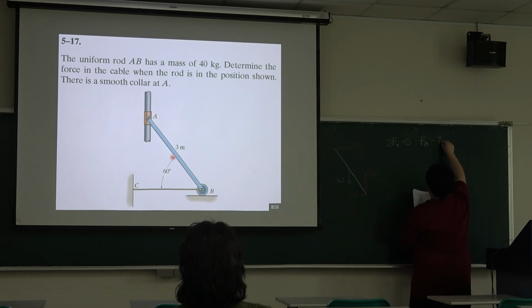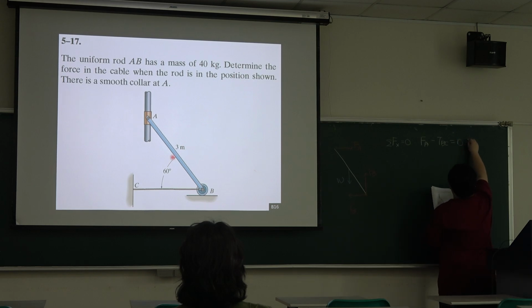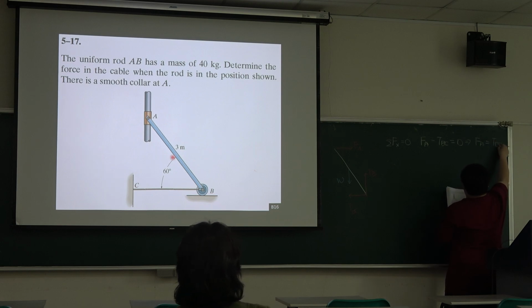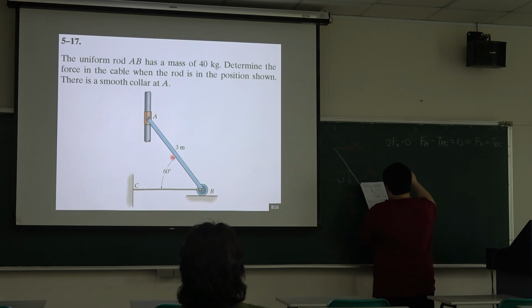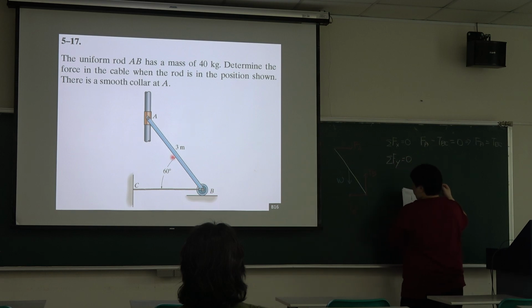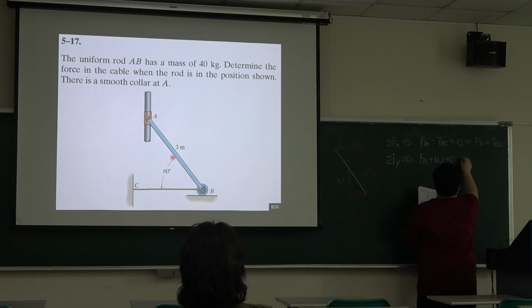Minus TBC equals to 0. So the FA is equal to TBC. And we can do a summation F right?